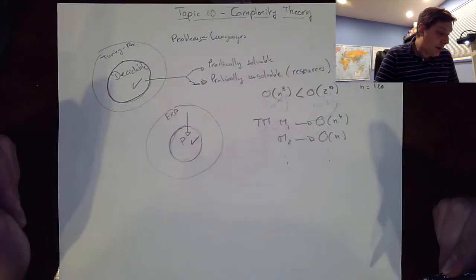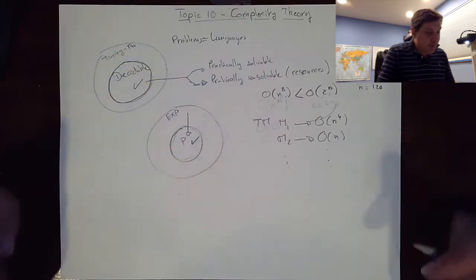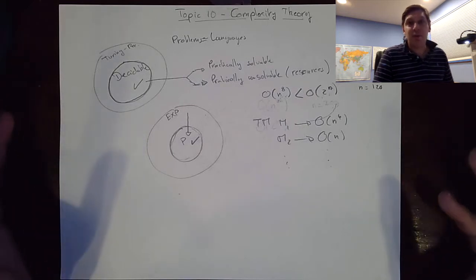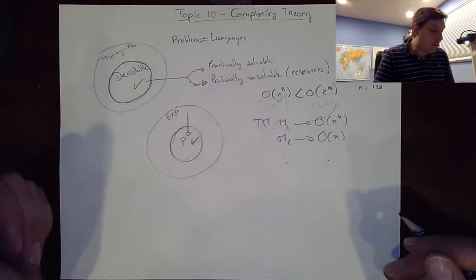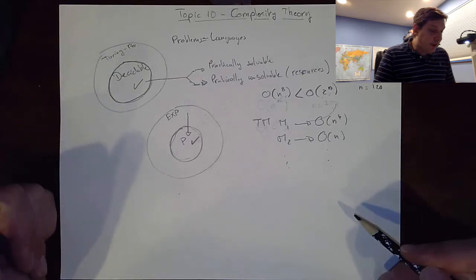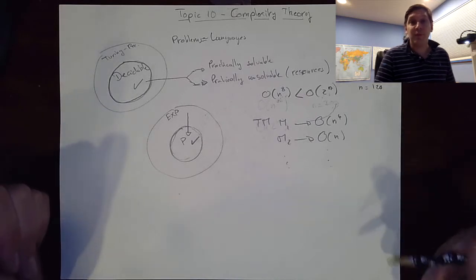And so now what's interesting is that because we're naturally inclined to find polynomial time algorithms for certain problems, of course we want to figure out if all problems can be solved in polynomial time or not.